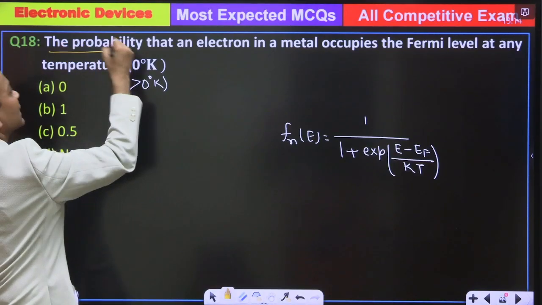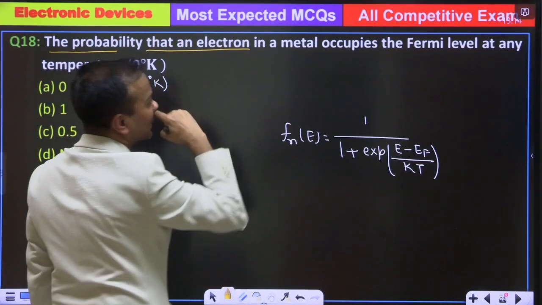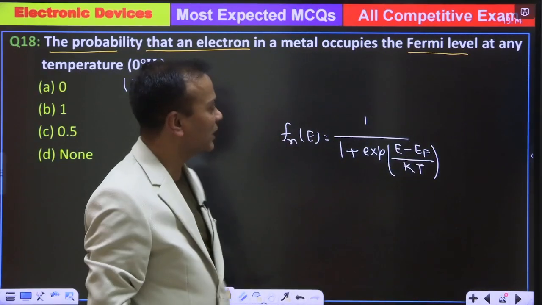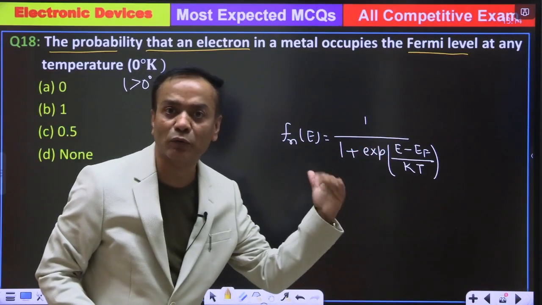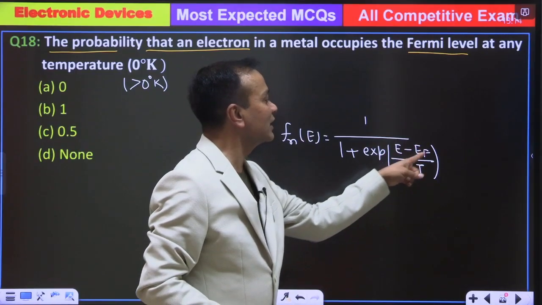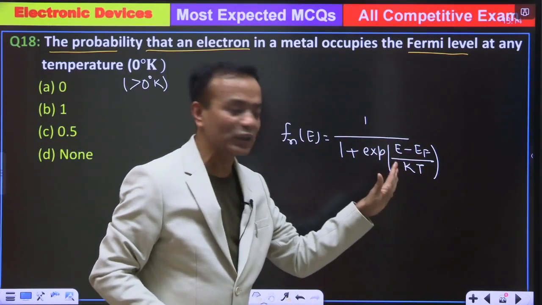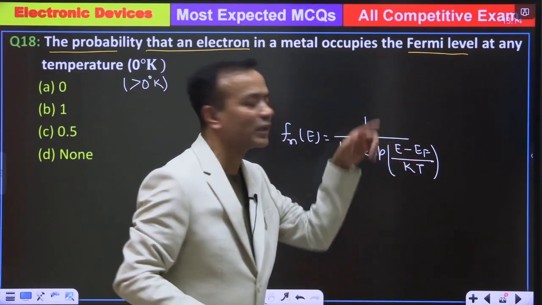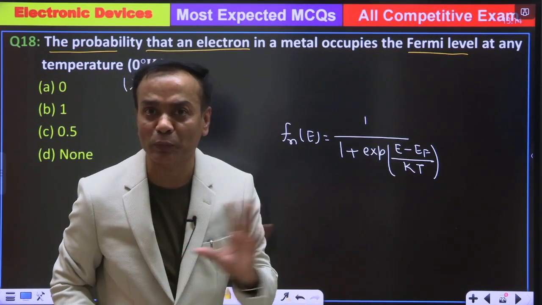The probability that an electron in a metal occupies the Fermi level. Occupying the Fermi level means E should be equal to Ef. If E is equal to Ef, this difference will become 0. And if the temperature is also 0, then this will become a 0 by 0 form, which is not properly defined.